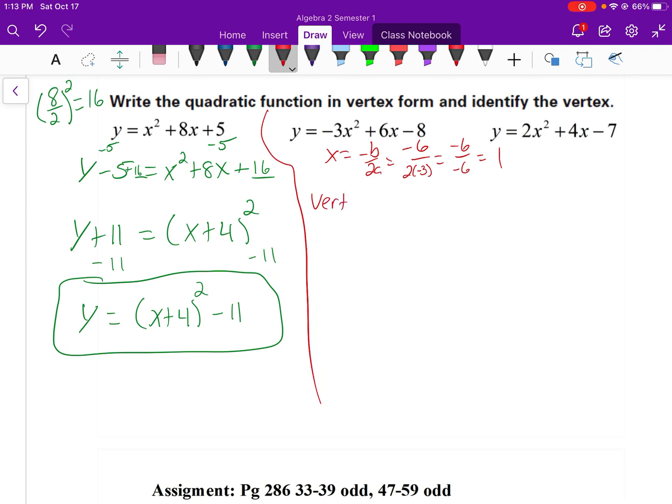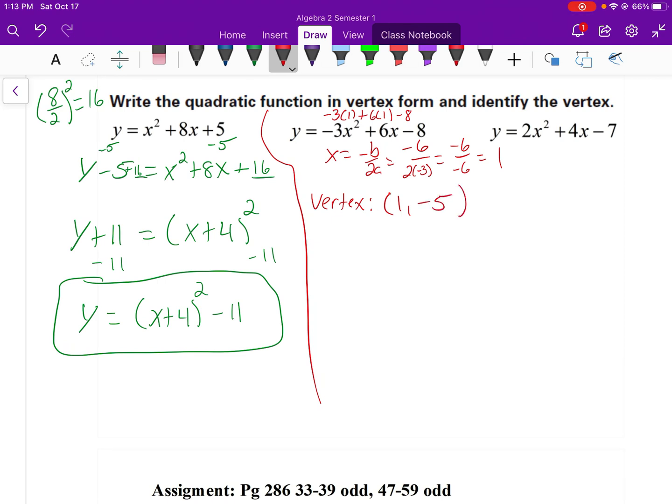So the x of the vertex here would be 1. Plugging it in, we're going to have negative 3 times 1 squared plus 6 times 1 minus 8. So it'd be negative 3 plus 6 minus 8, which will be negative 5.